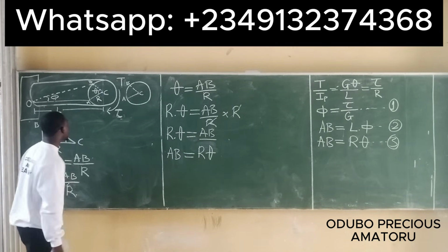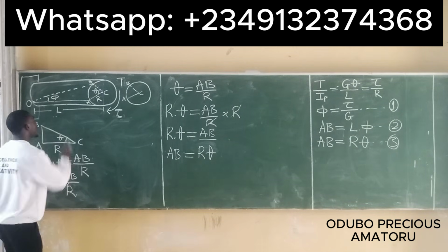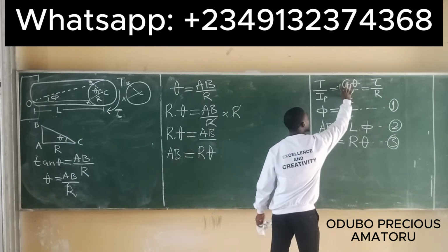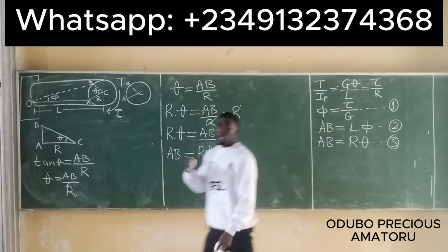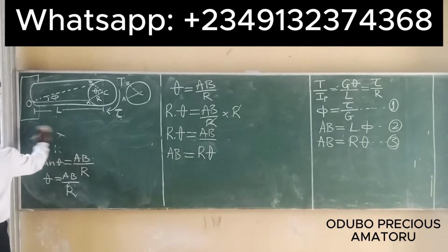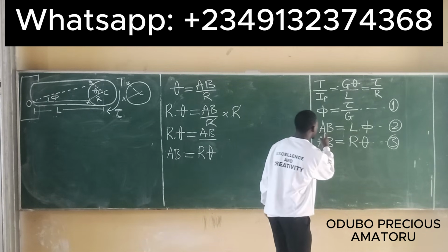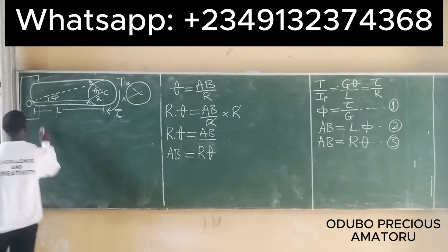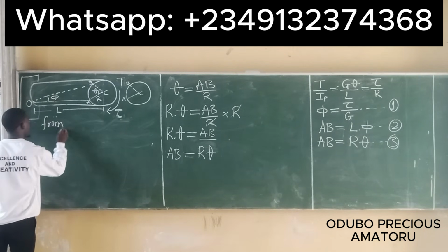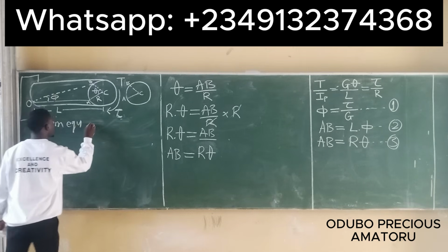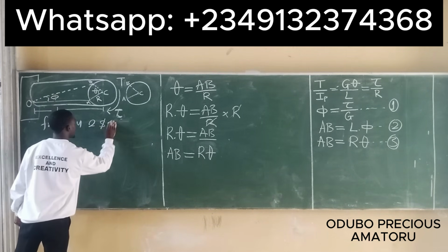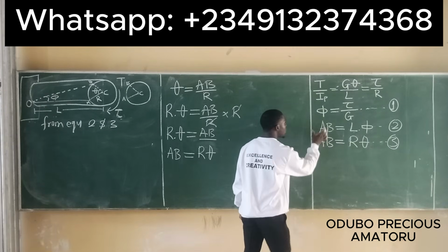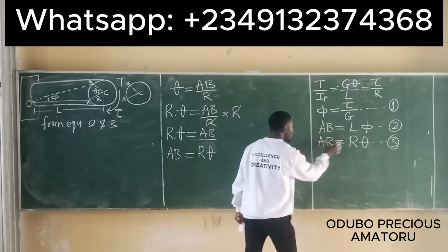So I said the first thing to do is analyze this, and to give you the relationship of this part of the equation and this. So let's quickly do that. Looking at equation 2 and equation 3, we have AB equals to this and AB equals to this.